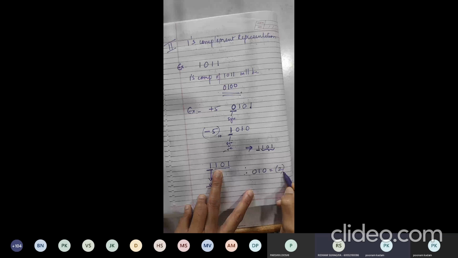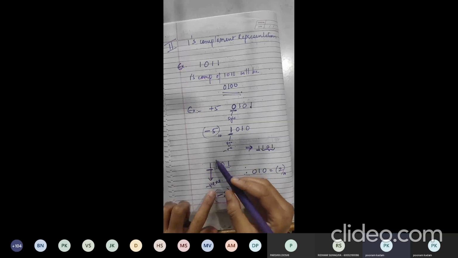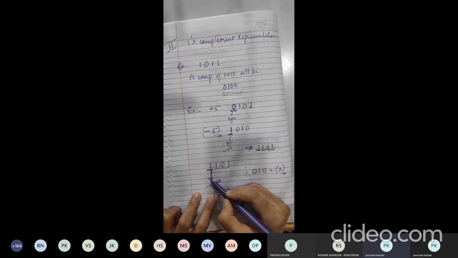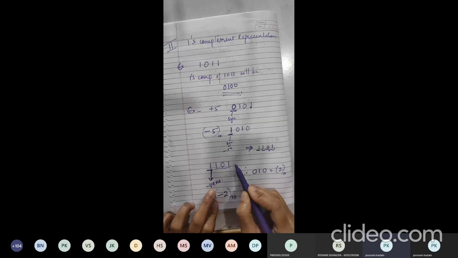See, if the binary sequence is 1101, and it is expressed in one's complement representation form, then the decimal number it represents is obtained by first looking at the MSB, which is 1, meaning it is a negative number. To find the value, you take the one's complement of the remaining bits.